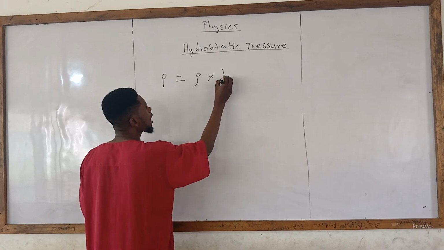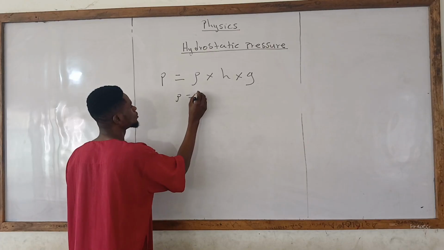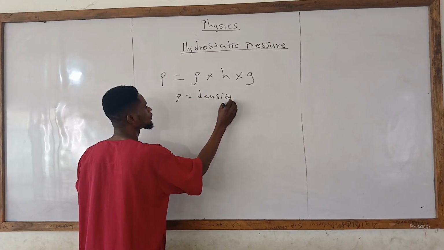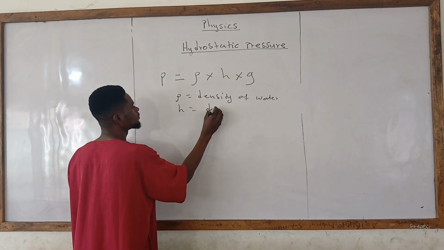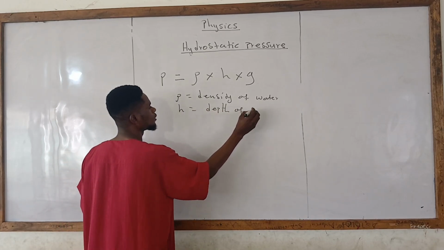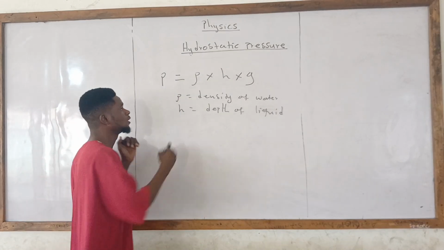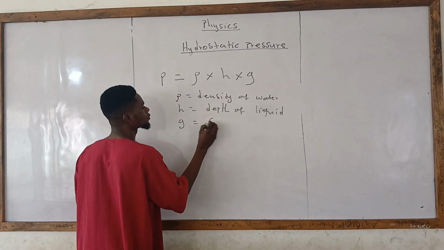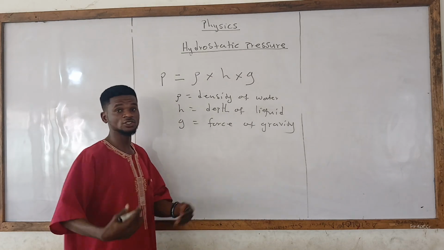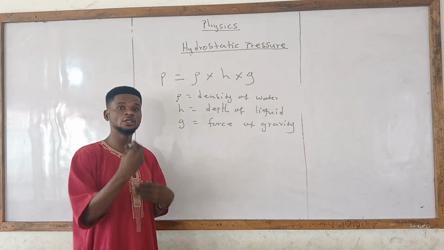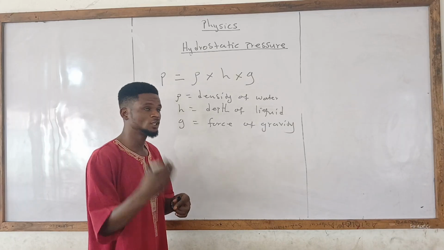density times h times g, okay, where rho is the density of water, h is equal to the depth of the liquid or the water, then g is the force of gravity or gravitational force, because every liquid that is exerting force vertically is acting due to the force of gravity in the container.